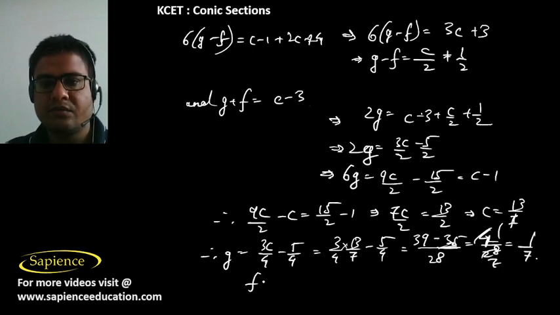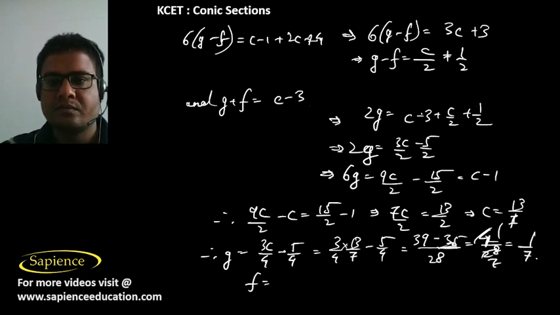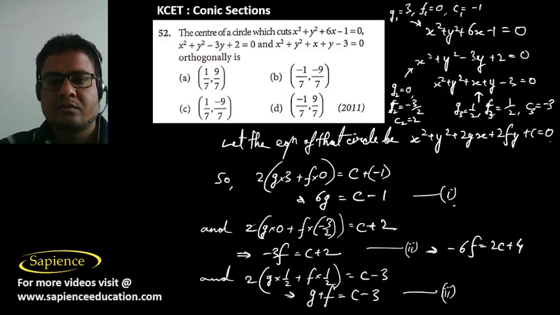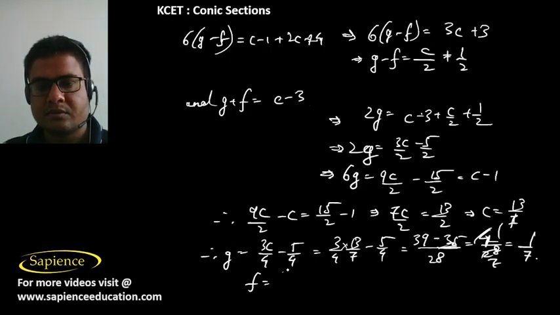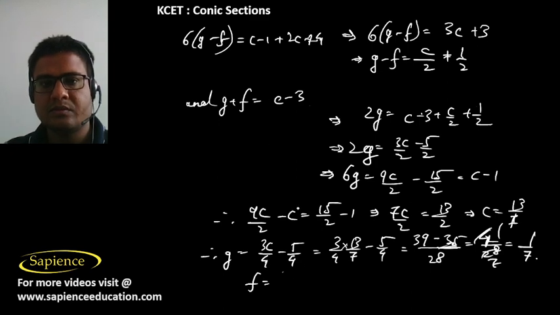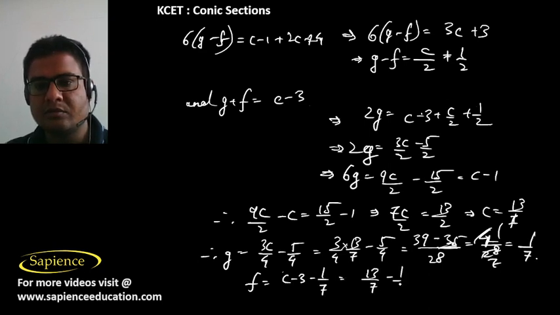And f will be equal to c plus 2 by minus 3, or we can say that c minus 3 minus g. So that will be 13 by 7 minus 1 by 7 minus 3. So that is 12 by 7, and 7 3s are 21.